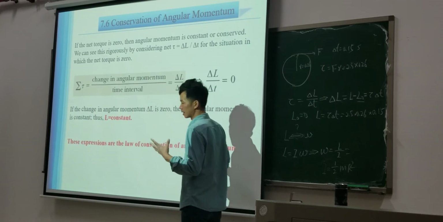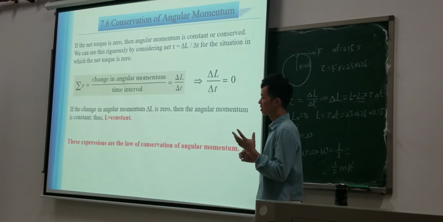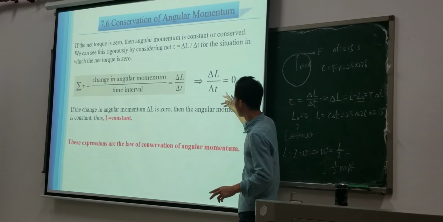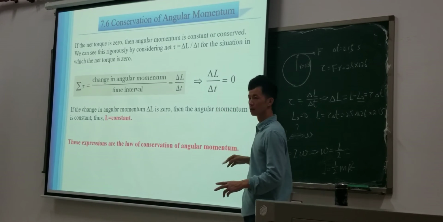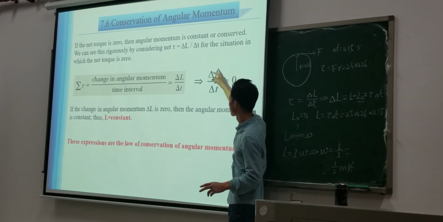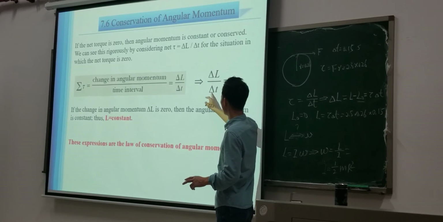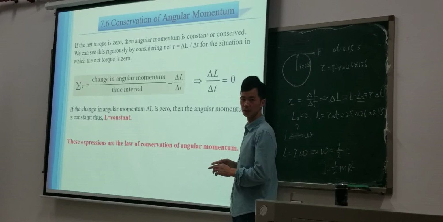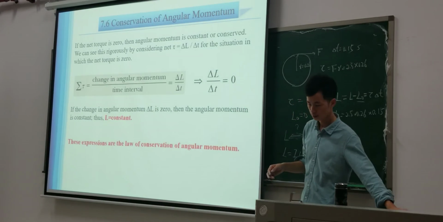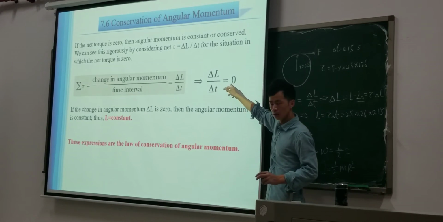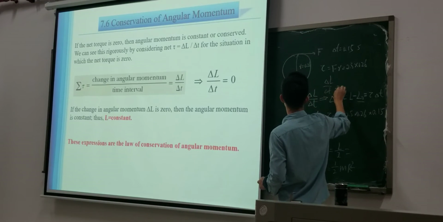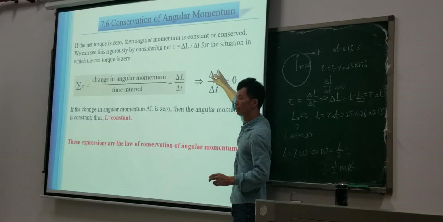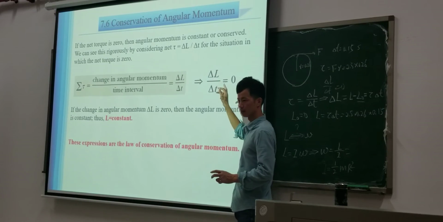Now, if the net torque is zero, then delta L over delta T is zero. What does that mean? It means L does not change with time.